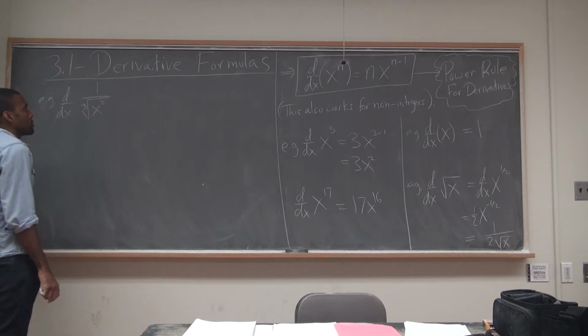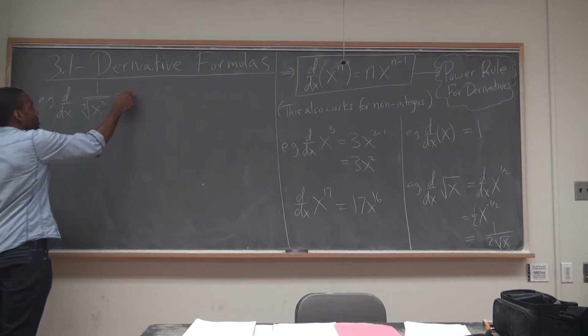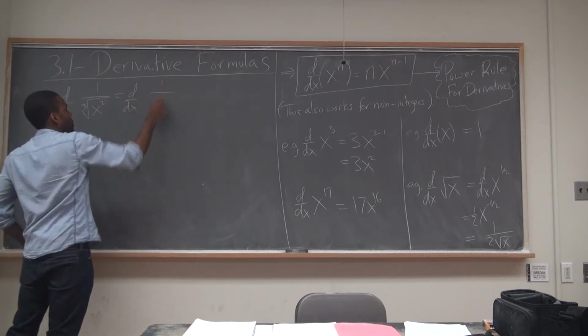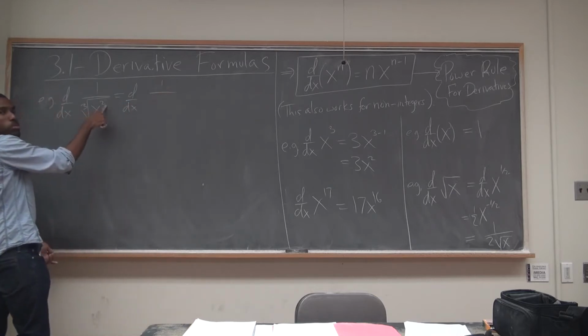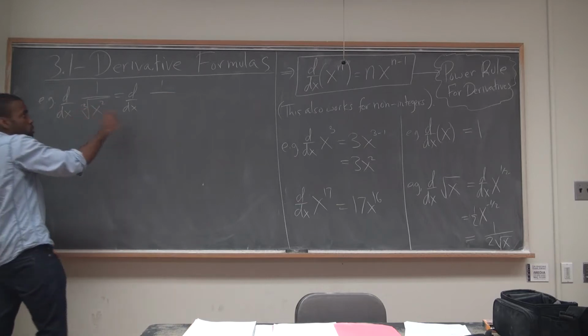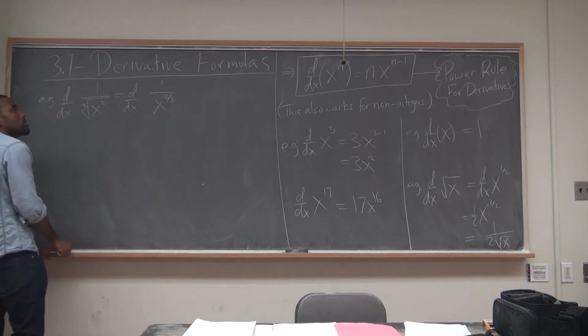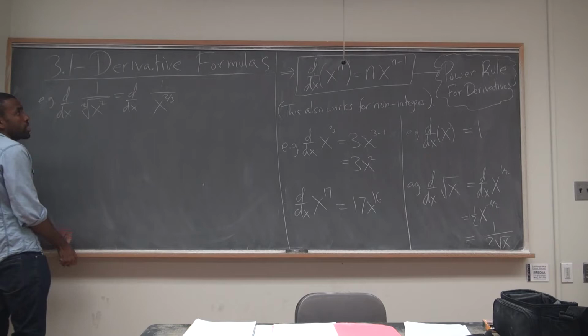Could you rewrite the bottom? Right, so here we do the flower power, right? Top is the flower, the bottom is the root. So this is really x to the 2/3. Then what? X to the negative 2/3. Right, you'd have to bring it up.